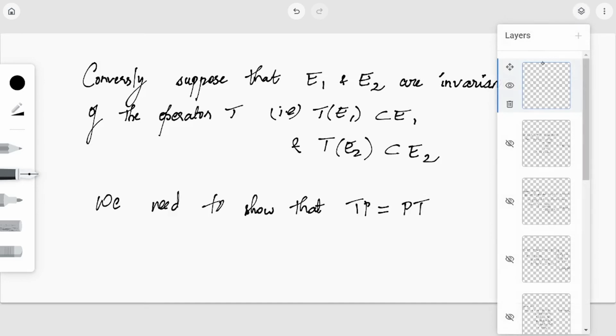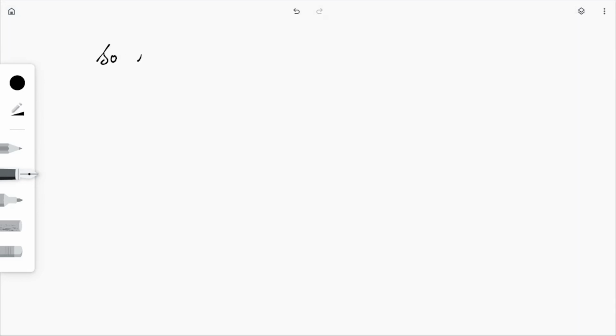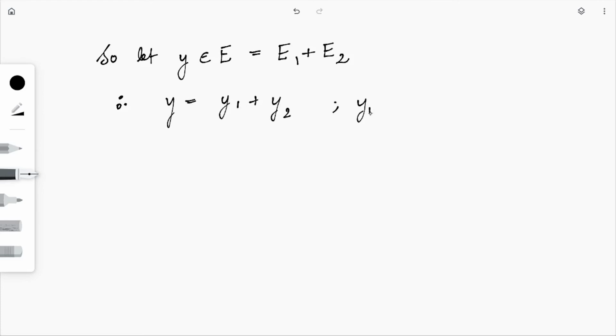Okay, so for that, let Y be an element of E. Now we know E can be written as E1 plus E2. We had just now seen in the previous property, right? E can be written as E1 plus E2. Therefore Y is equal to Y1 plus Y2, where Y1 is an element of E1 and Y2 is an element of E2.